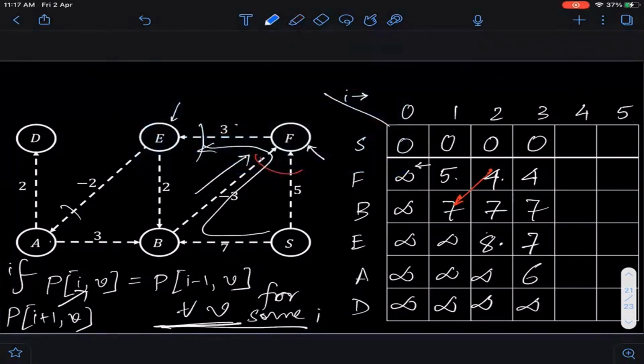So let's say this is the example. When I'm trying to fill up the column 4, all I need is the information that is stored here. और तो कुछ हमें चाहिए नहीं. ठीक है? So you just maintain one column and that's it. ठीक है? Everybody understands what I'm saying?